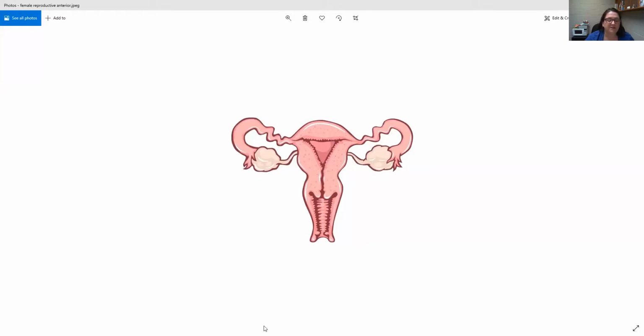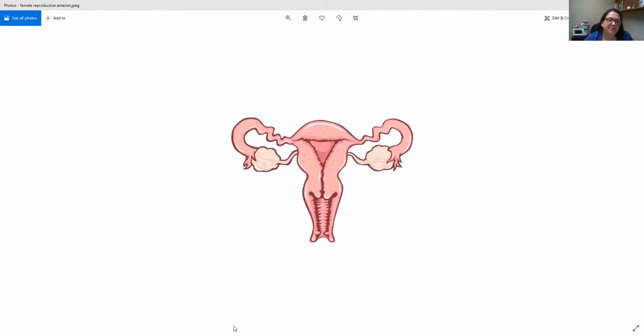Okay, so let's look at a different view now. We're going to look at a side view of internal anatomy again. We have the vagina. Here's the vulva. We have the uterus. We only have one ovary and fallopian tube in this view.